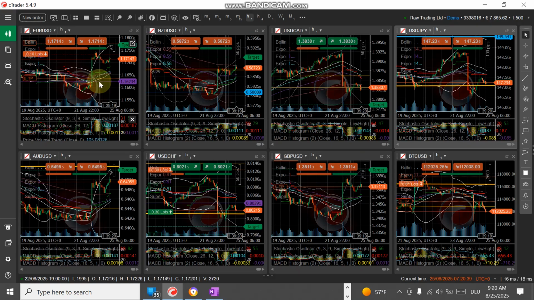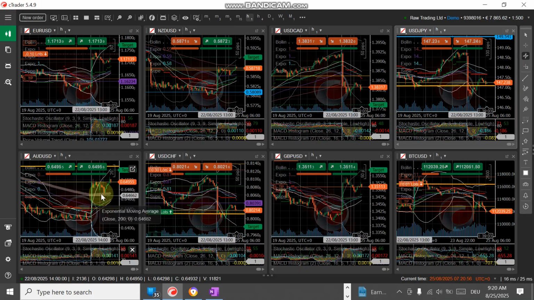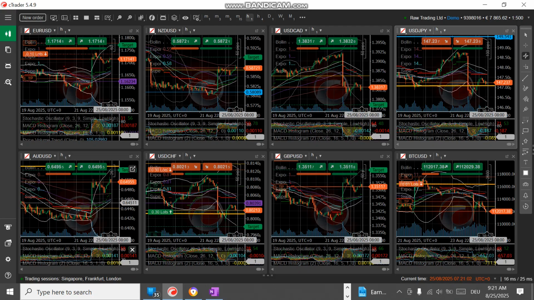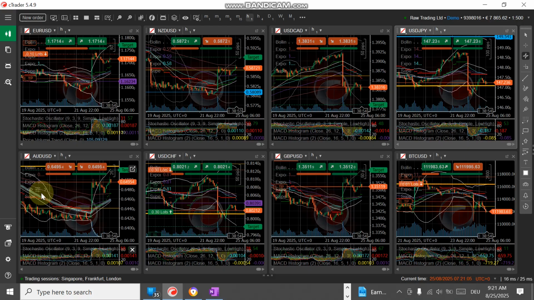Euro USD is attention, obvious that they want to go up accordingly together with Aussie USD. Euro USD, Aussie USD look more like the twins. Let's see the sequence. Look, they happen the same, and this is the one, the London opening candles.